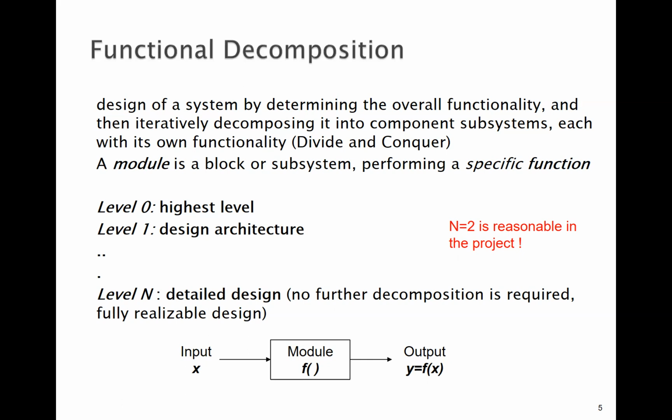In functional decomposition, we start with level 0, which is the highest level. We simply define the overall system as a model and determine the inputs and outputs. Next, we have level 1, which is called design architecture, where we usually give some major models or subsystems. Then we continue until level N, where we have detailed design.